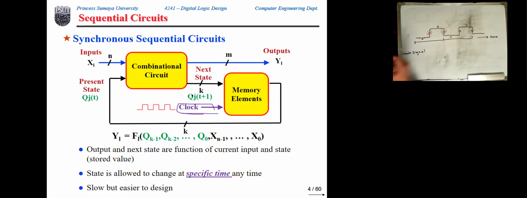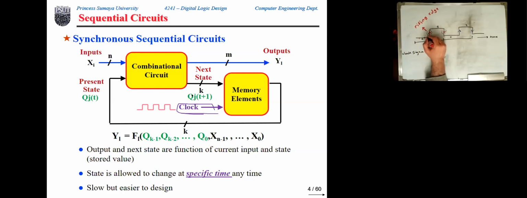This instant is basically a transition from 0 to 1, so usually it is called a rising edge. So we say that our circuit is triggered or activated on the rising edge.